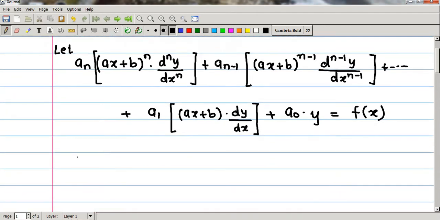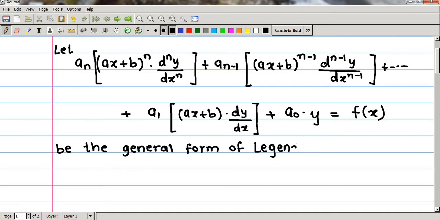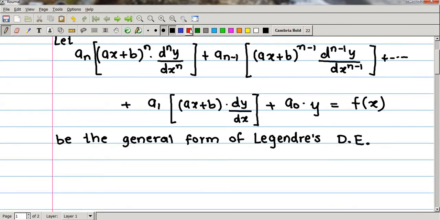This is the general form of Legendre's differential equation. Here, your variable coefficient is ax plus b.